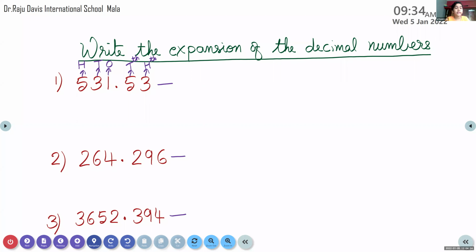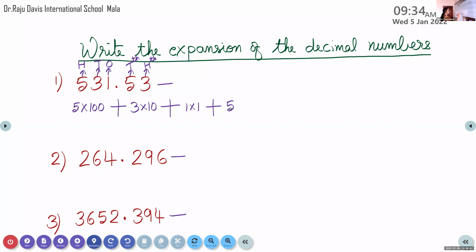Now the expansion. 5 into 100 plus 3 into 10 plus 1 into 1 plus 5 into 1 by 10.